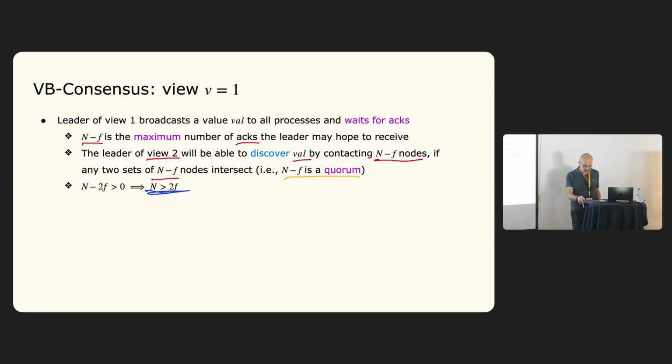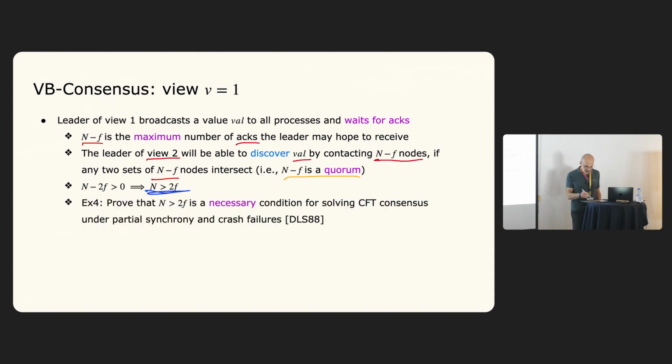Okay, so that was proved to be a necessary condition by DLS, and it's a very valuable exercise to actually try to prove it yourself, right? It's not that complicated, but if you can't prove it, then you can look into the paper. The proof is really simple, right? It essentially goes by contradiction. So suppose we have 2f, right? Then we have two sets of f, right?